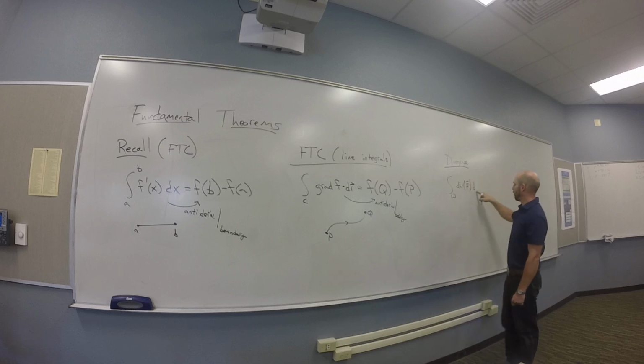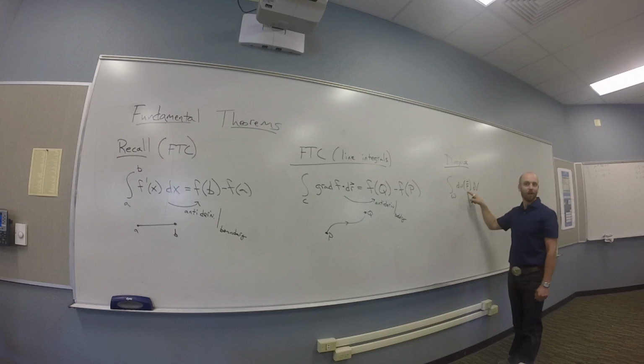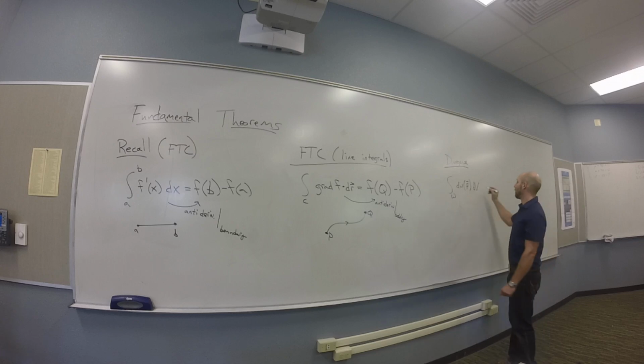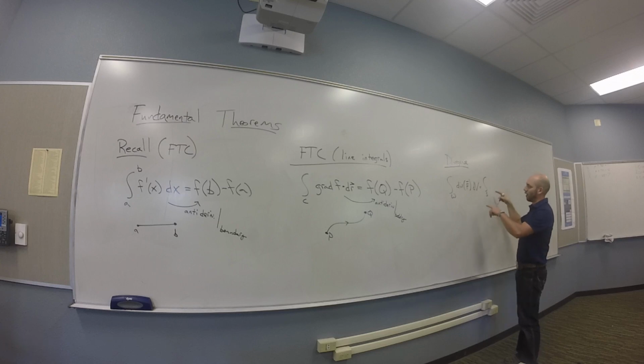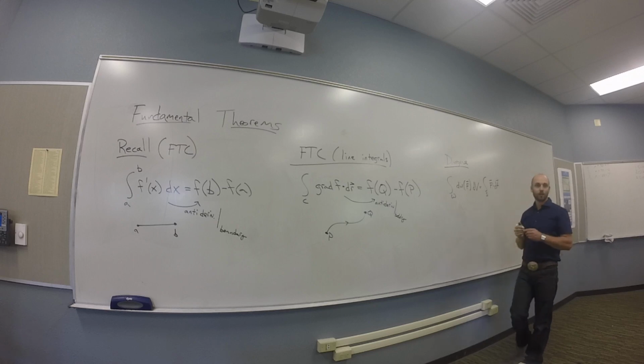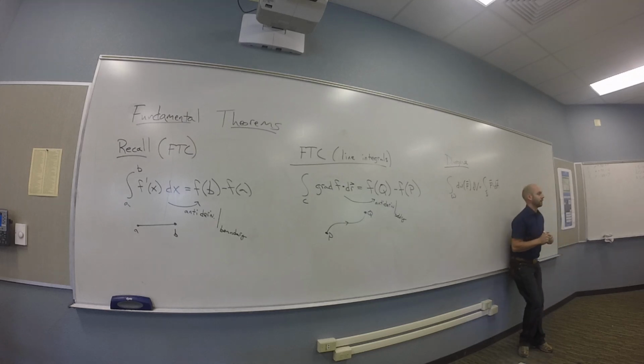It's a volume integral, and this thing is a scalar function. You guys with me on that? It equals the integral over the surface of the vector field dotted with the area vector. You all cool with that?